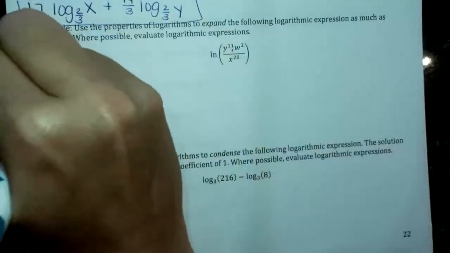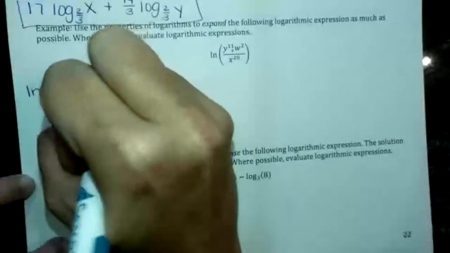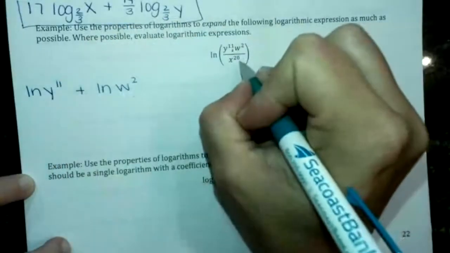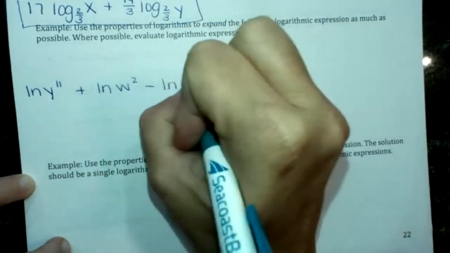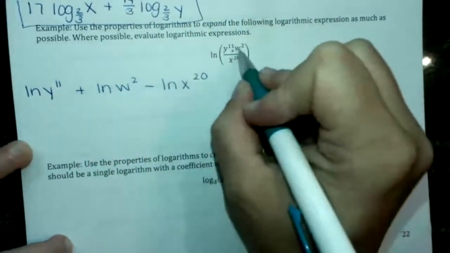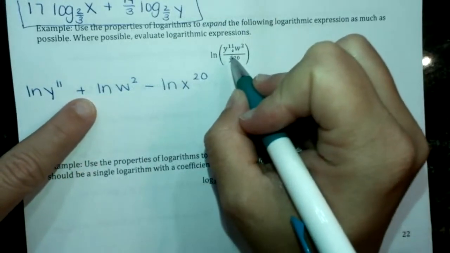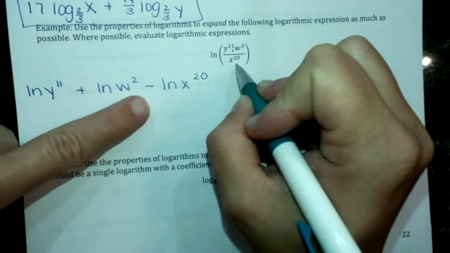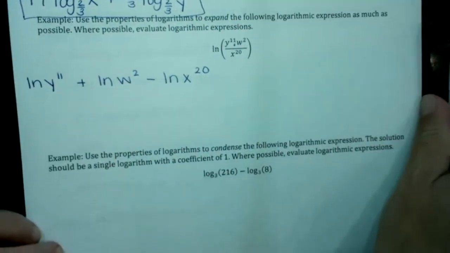So natural log of y to the 11th. This is being multiplied, so I'm going to add natural log of w squared. This is being divided, so I'm going to subtract natural log of x to the 20th. Again, these two are being multiplied, so I can write them both using a natural log with adding. This x to the 20th is being subtracted, so I can write it separately using subtraction.